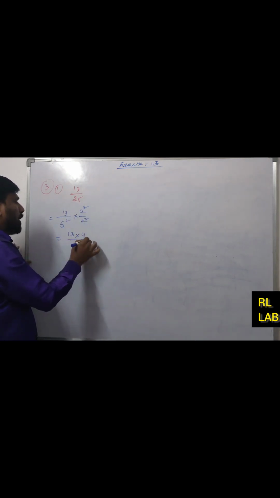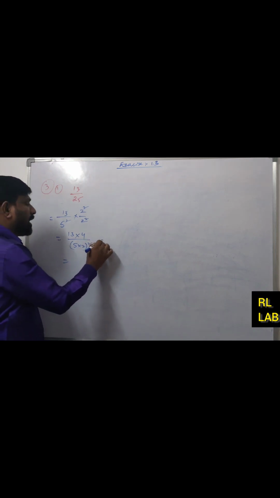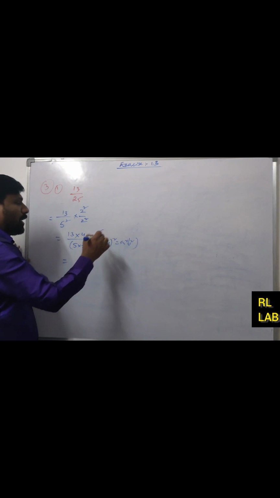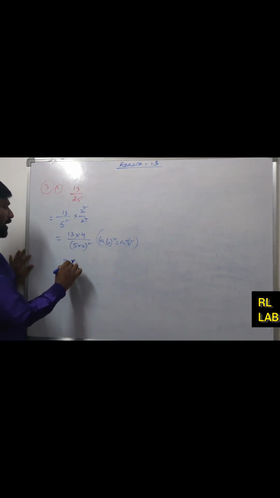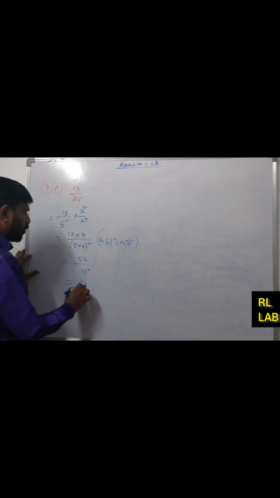So 13 into 4 by 5 square into 2 square. Can I write this as 5 into 2 whole square? Yes. AB whole square can be written as A square into B square. This is the exponent formula. Now 13 4s are 52. The denominator is 10 square, which means 100.